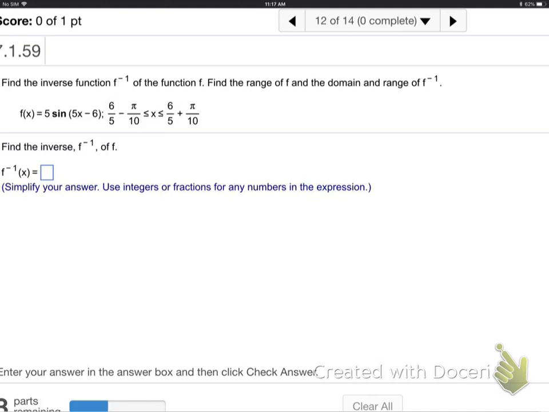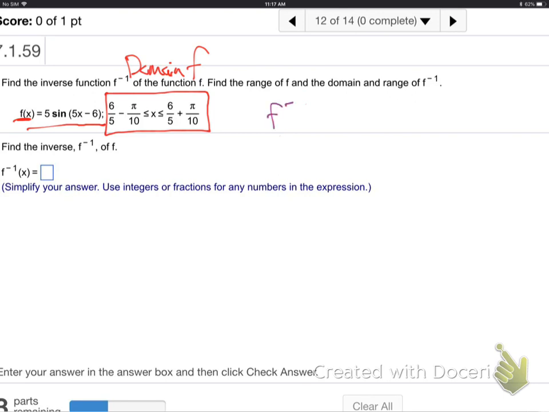So we have the original function here. Here's that statement about x. When they make that statement about x, that's really the domain, isn't it? Of f, because it's f, and it's talking about the x values, which is domain. And then over here we have the inverse function. What was the inverse function?